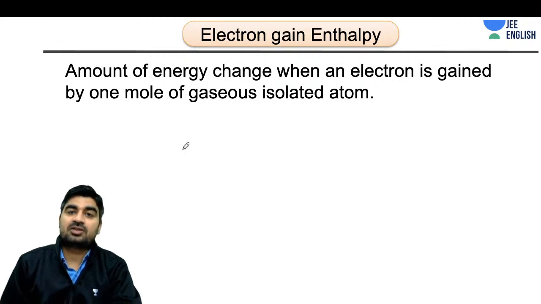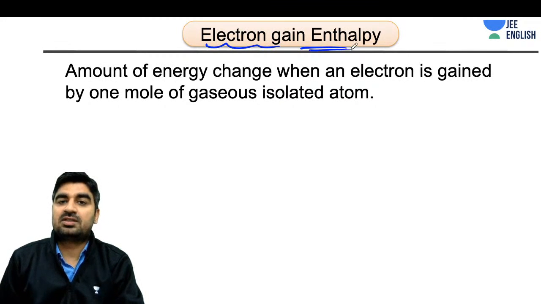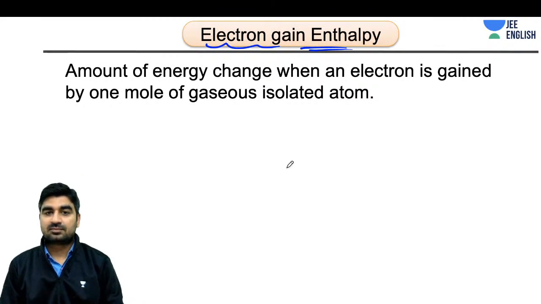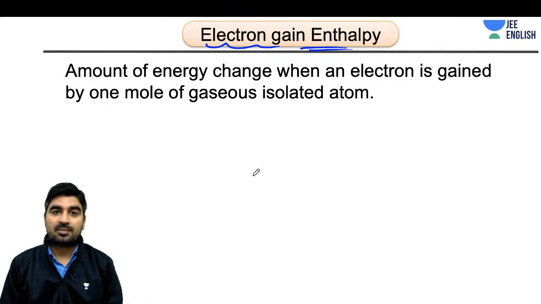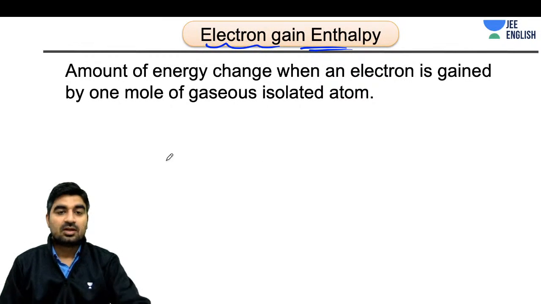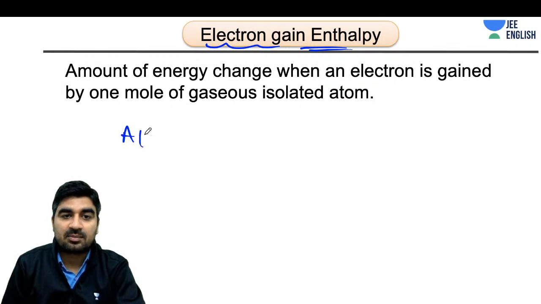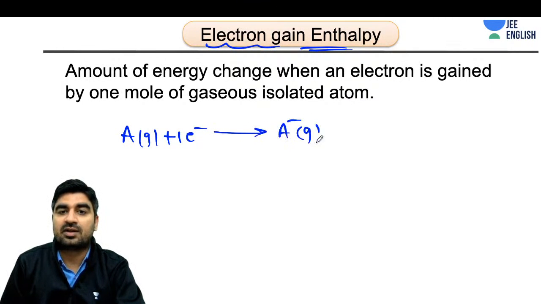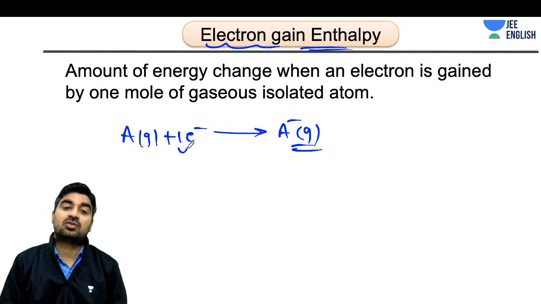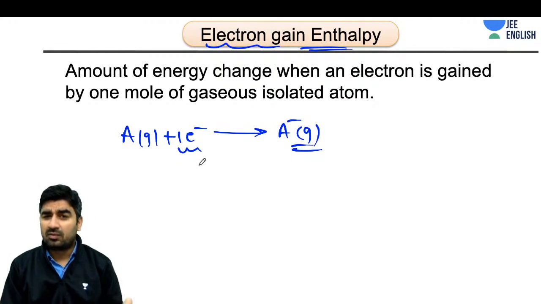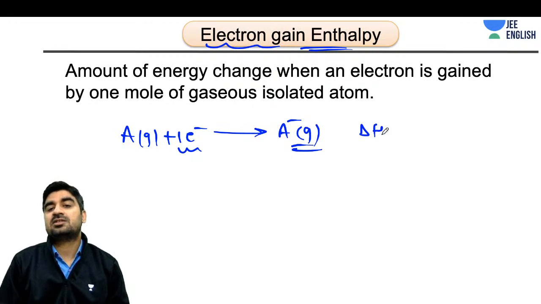So now let's move to the electron gain enthalpy. What is electron gain enthalpy? If I talk about electron gain enthalpy, this is a gas, and one electron is added and it is converted into a gas. So when an electron is added, generally, not always, energy is being released.